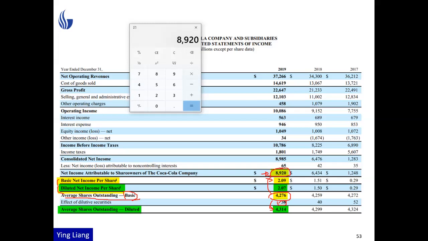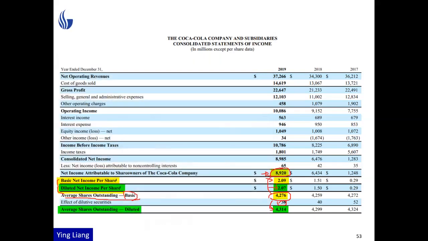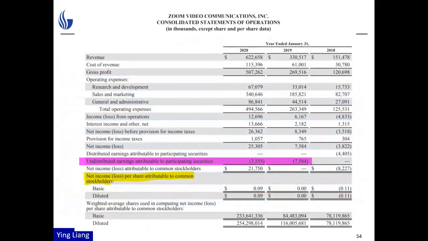And I divide it by the last row, which is 4314. Whoop, I forgot the division. 4314, which is the average shares outstanding diluted. I get 2.067, so it's 2.07. That's exactly what I get. So now you can try to do Zoom, double check whether the basic and diluted is correct using the weighted average shares as the denominator.